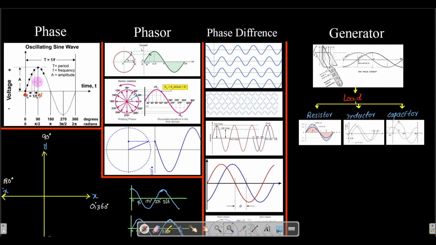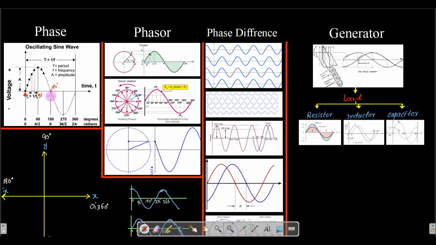Okay, this is actually the 90. A maximum electromotive force will be present, and after that 90 degree that electromotive force will be decreasing per degree. Okay, and if it reaches 180 degree, then it again becomes 0.